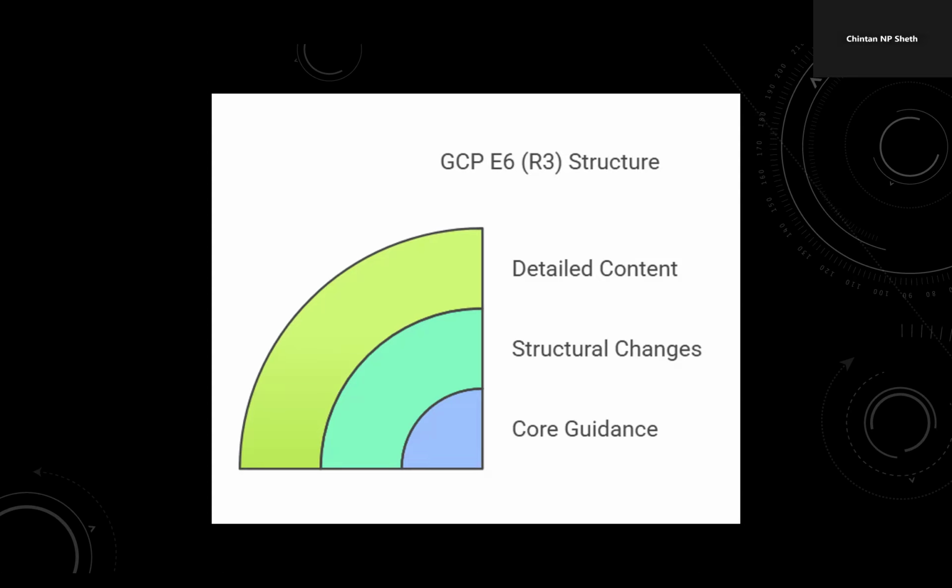A lot has changed, from the basic structure to now having detailed content. The guidance has undergone substantial structural changes and is organized now as shown on this slide. It has more detailed content, it is structured well, and it has core guidance, including the changes and technological advances.